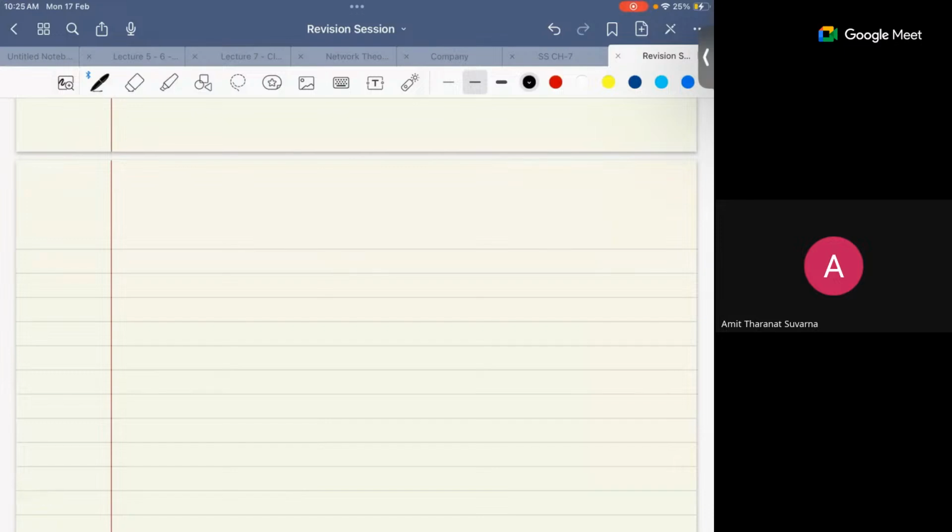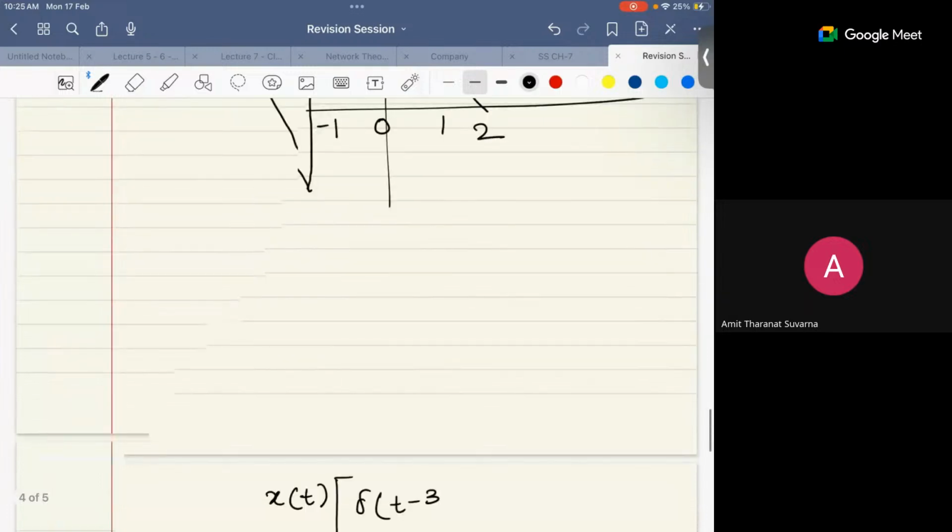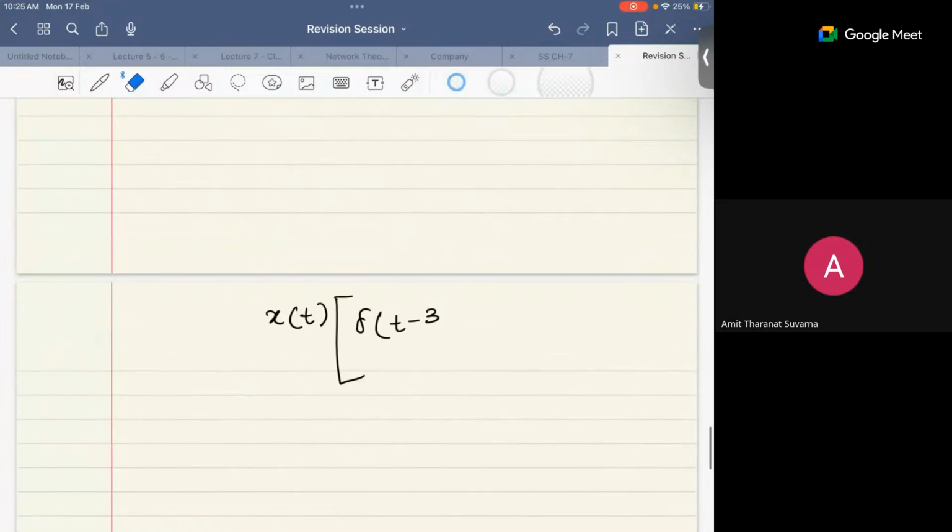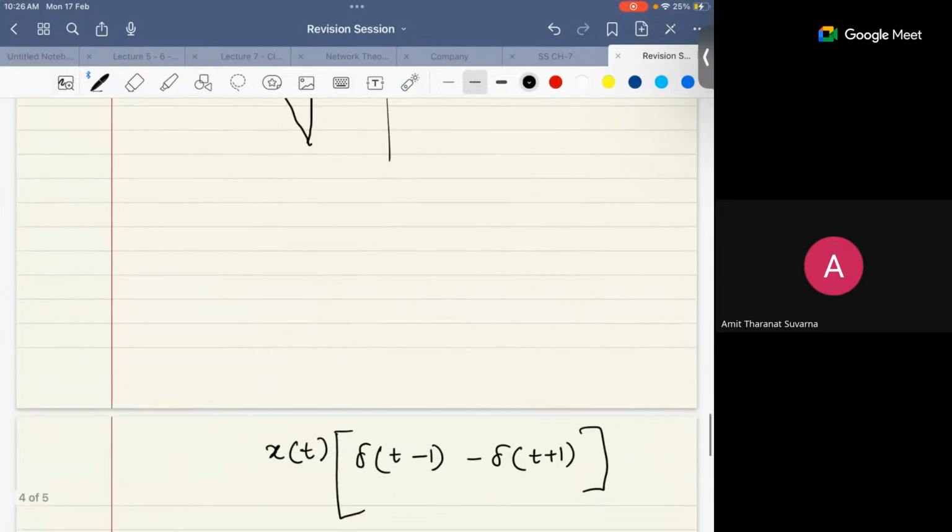So now in the same given function, if you have been asked to calculate x of t times del of t minus 1 minus del of t plus 1, the same function.